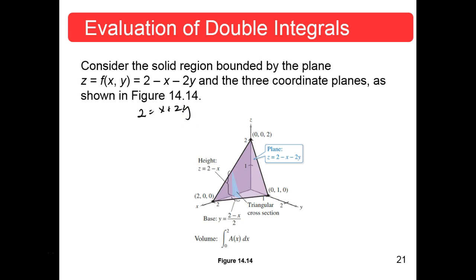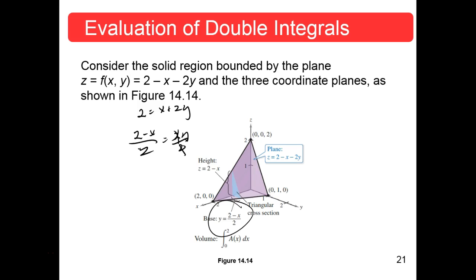Now, if you solve that for y, then 2 minus x is equal to 2y, divide both sides by 2, and that's how they get this. The y is equal to (2 minus x) over 2. So this is your y value.